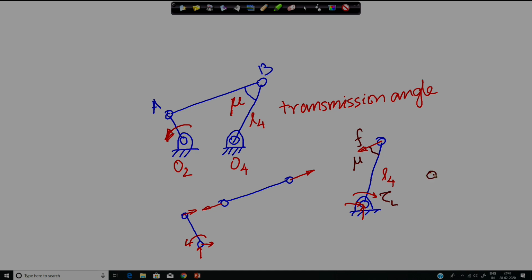On the other hand, if this link goes something like this, then the force is this and mu is almost close to 0, then it cannot resist this load torque, right. So, transmission will be poor. So, this is the significance of the transmission angle.